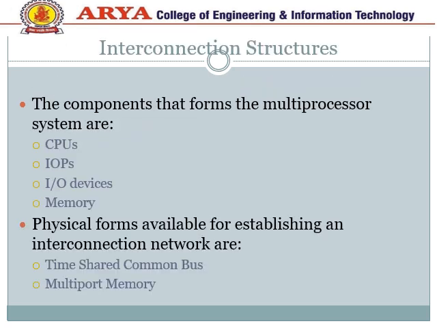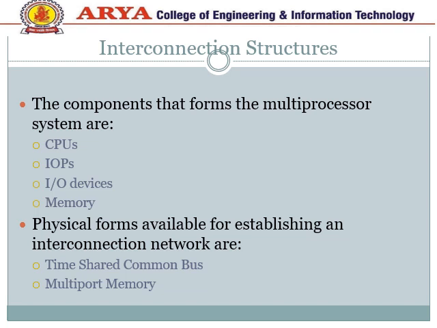Interconnection structure. We also discussed this topic in the previous slide, lecture number 2. In this slide, we discuss in brief the components that form the multiprocessor system: number 1, CPU, number 2, IOP, input-output processor, input-output devices, meaning peripheral devices, and last, memory.